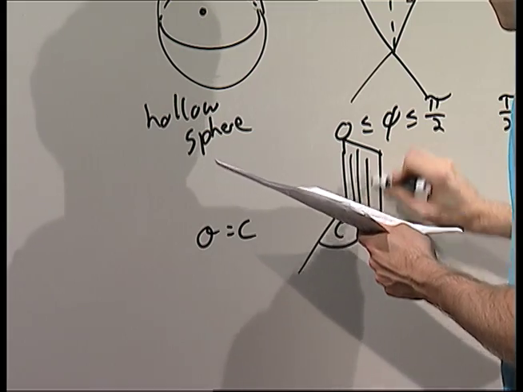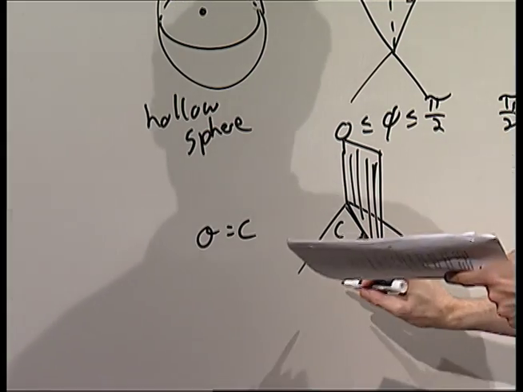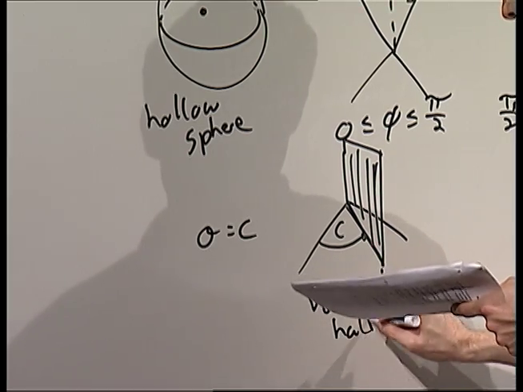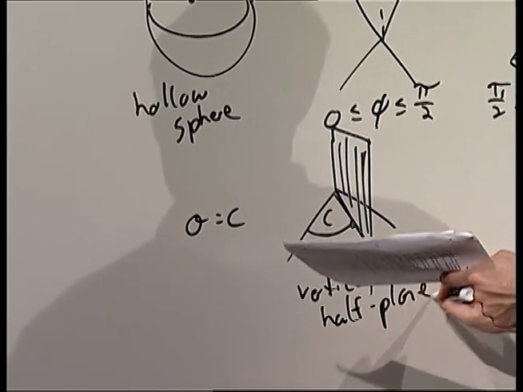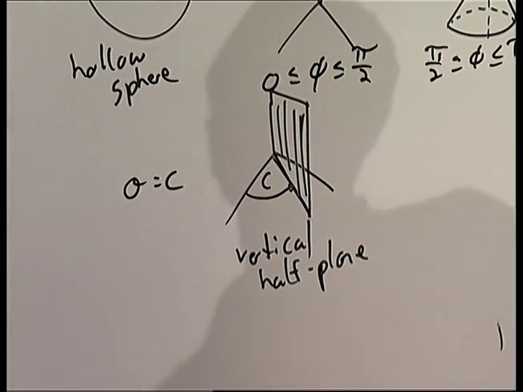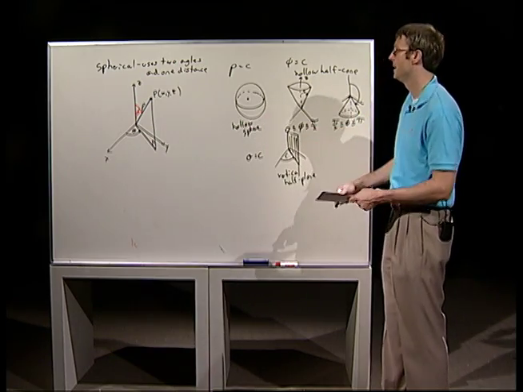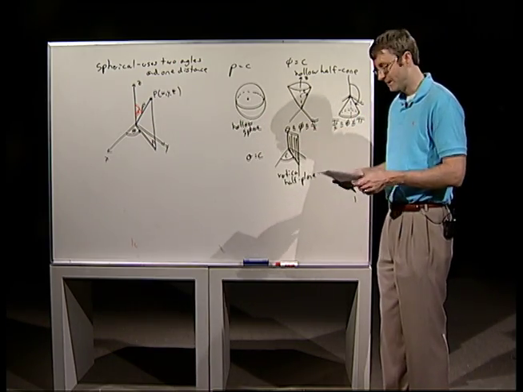So there's a vertical half plane for theta equals c. Again, the simplest surface is going to be something like a hollow sphere, hence the name spherical coordinates.